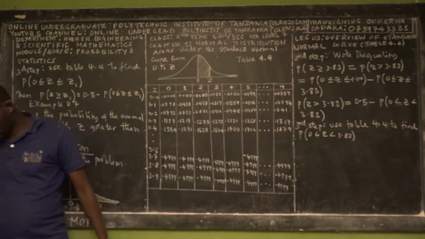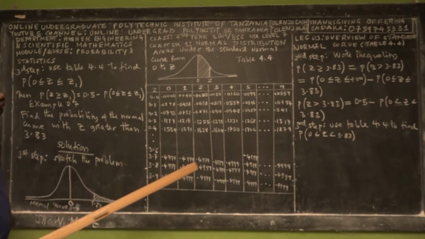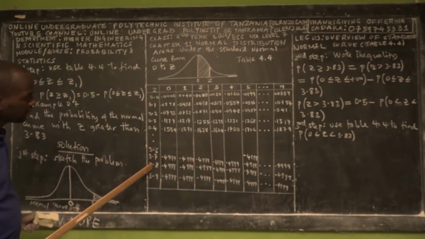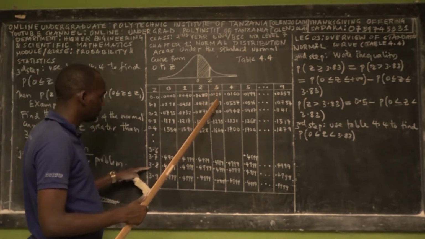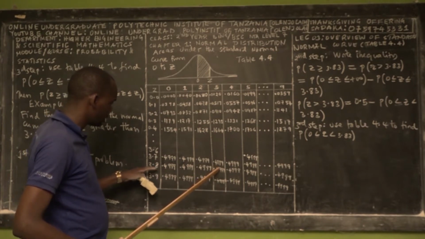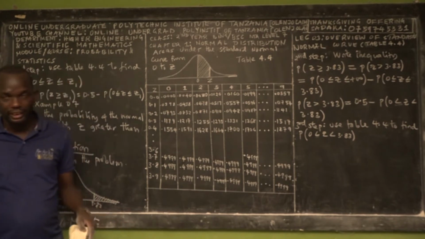So here it is table 4.4. The first decimal place is 3.8, this one. And then the column, second decimal place, is 3. So the line of intersection is this one, 3.8. So it is 0.499.